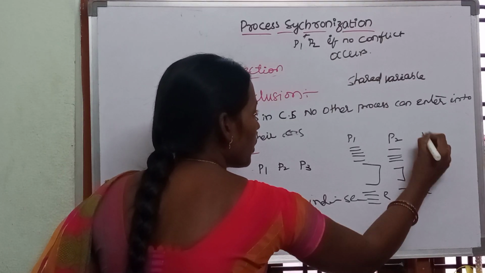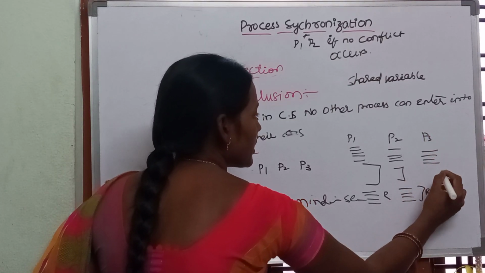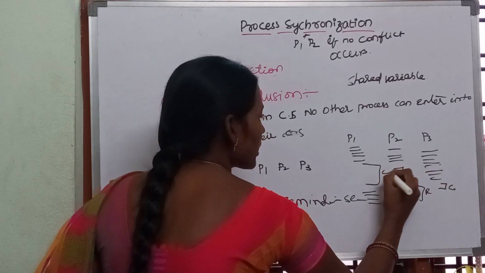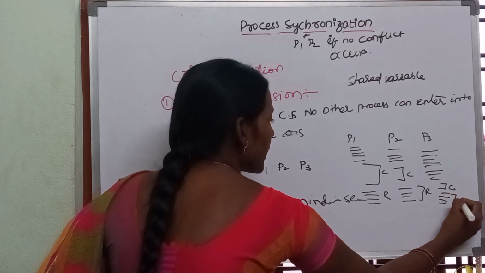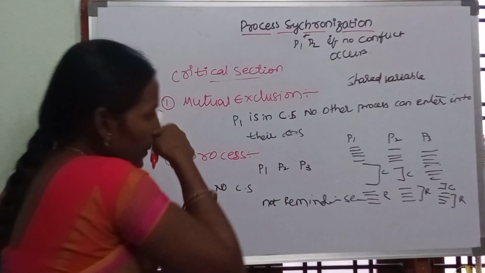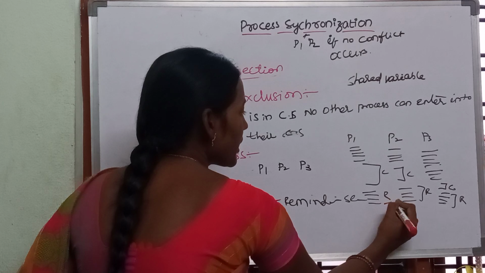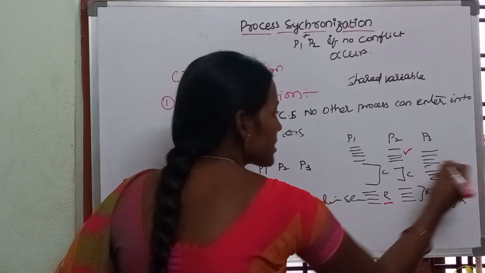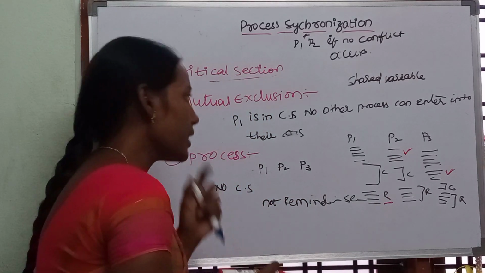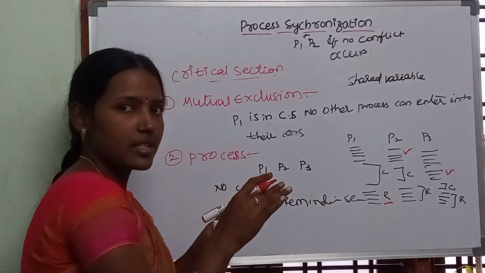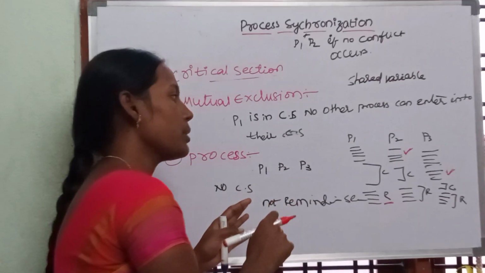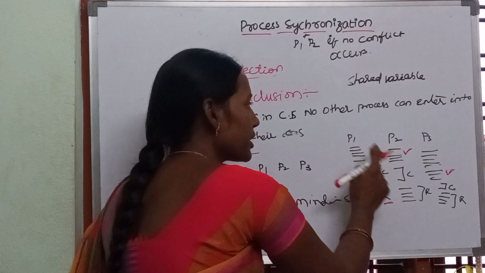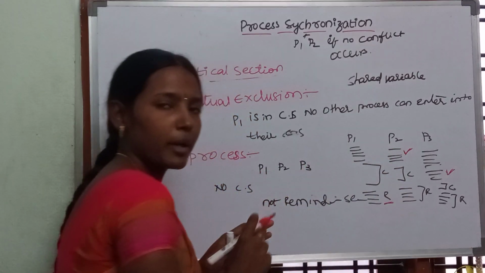P3 is also a process with a critical section, and this is the remainder section of P3. Now assume that P1 is executing in its remainder section, P2 is executing in this section, P3 is executing these statements. Here no process is in its critical section.